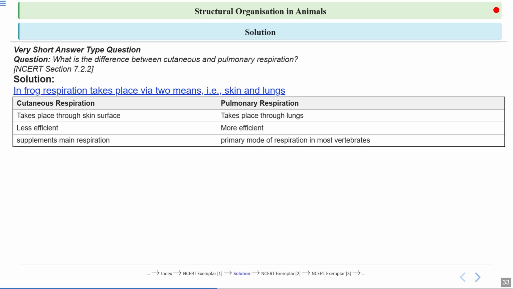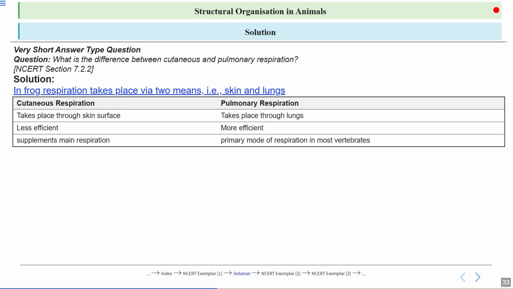From the heart, the vessel that goes to the lung is called the pulmonary artery, and the vein that comes from the lungs to the heart is the pulmonary vein. So don't get confused with the pulmonary term, that is related to the lung.